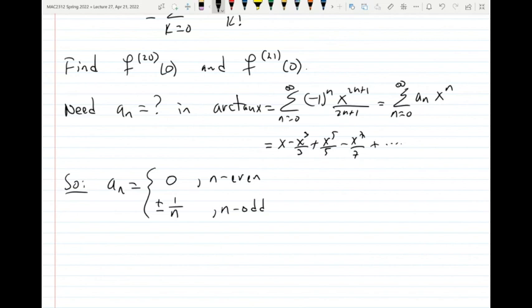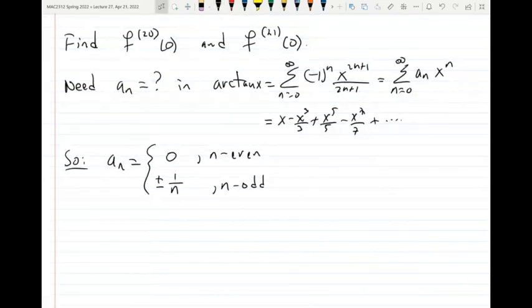So we need to have a way to index the odd numbers. We can do that easily. Notice that when n is odd, we can write it as 2n plus 1. Because when n is equal to 0, you get the first odd number, which is 1. When n is equal to 1, you get the second odd number, which is 3. Let me write it as 2k plus 1.